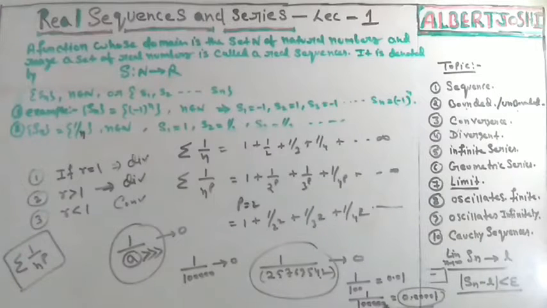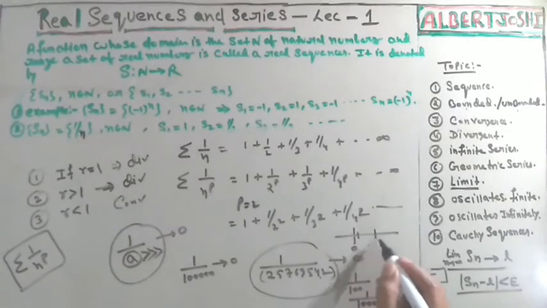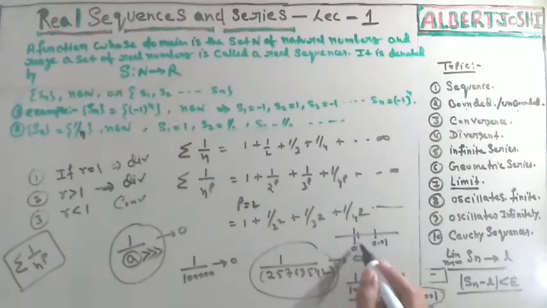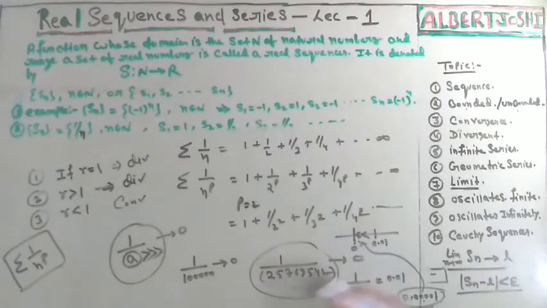So whenever you are increasing the lower part, then the overall value is converging to 0. It is going to 0. This is close to 0. You can see that this is 0.01, but this value is here. Whenever you are increasing, this whole value is going to 0.